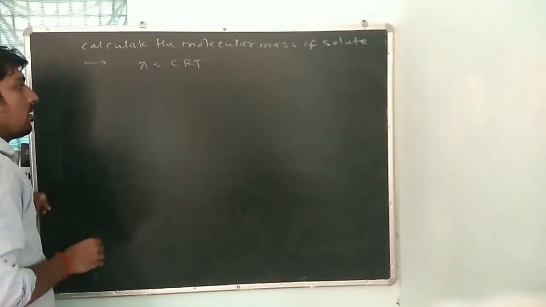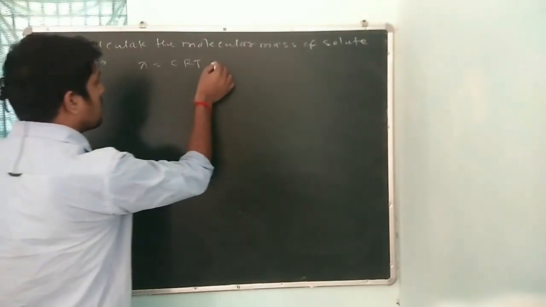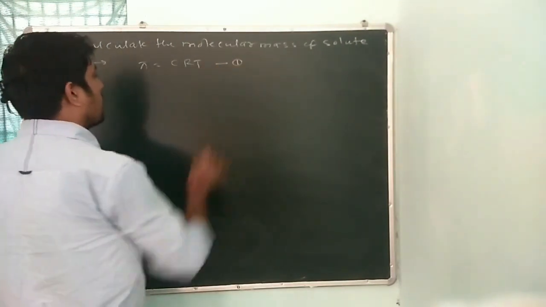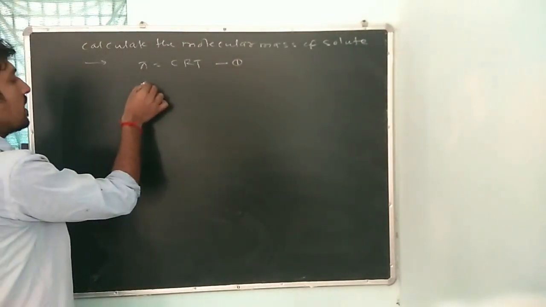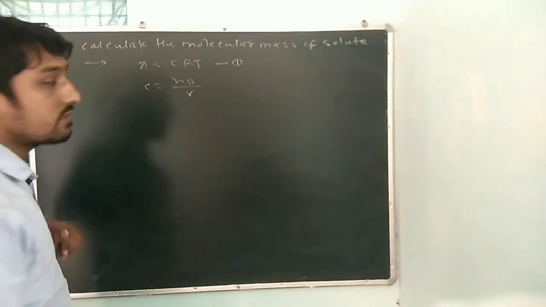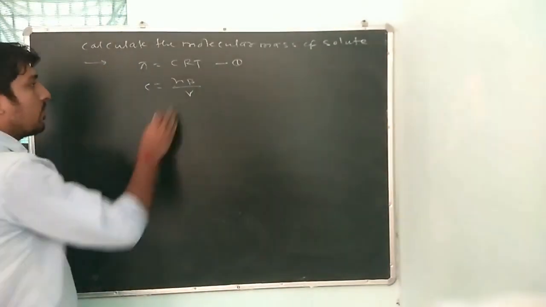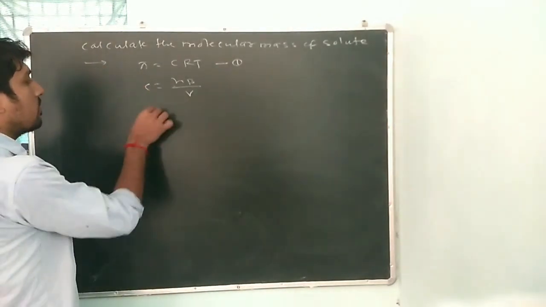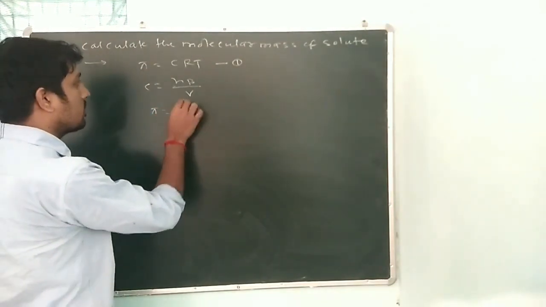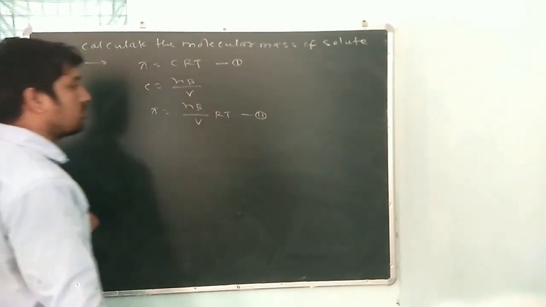Now we know this is the first equation. We know that C is equal to nB upon V. This is the value of C, the molar concentration. You put the value of C in equation number 1, so pi is equal to nB upon V times RT. This is the second equation.